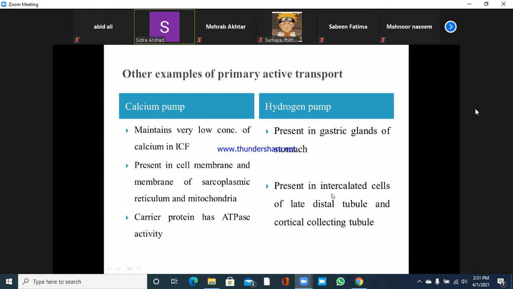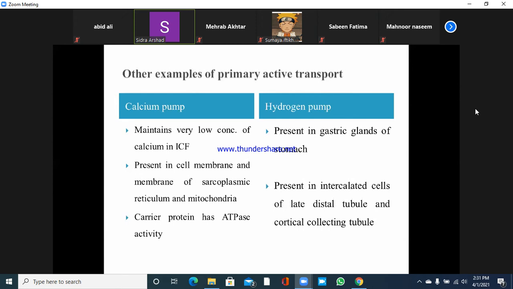So these are the 3 examples of primary active transport: sodium potassium pump, calcium pump, and hydrogen pump. And all these 3 pumps are directly using ATP to pump their respective ions against the concentration gradients.